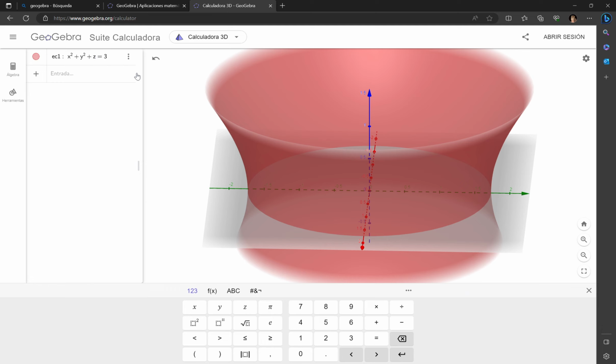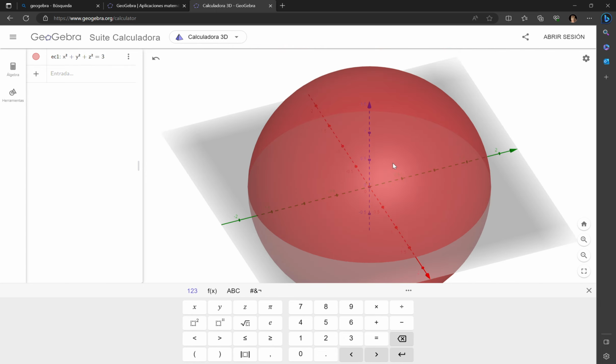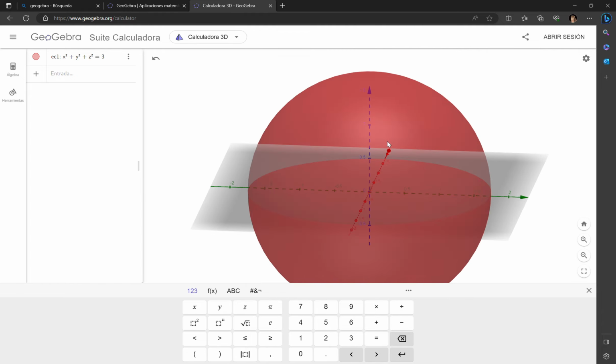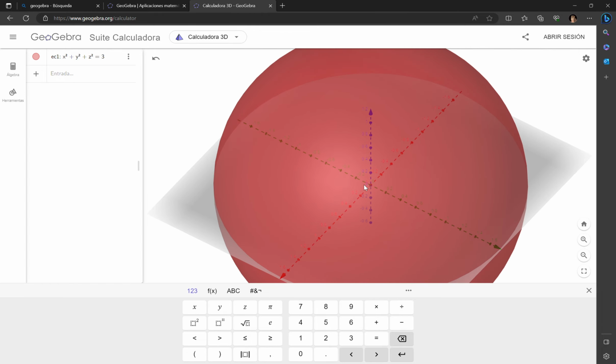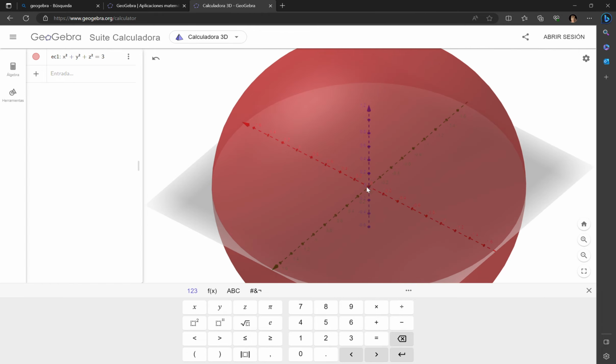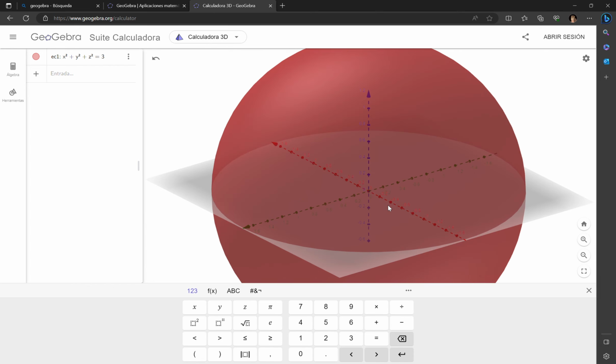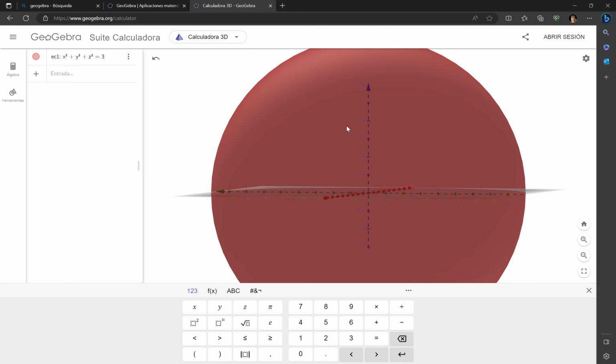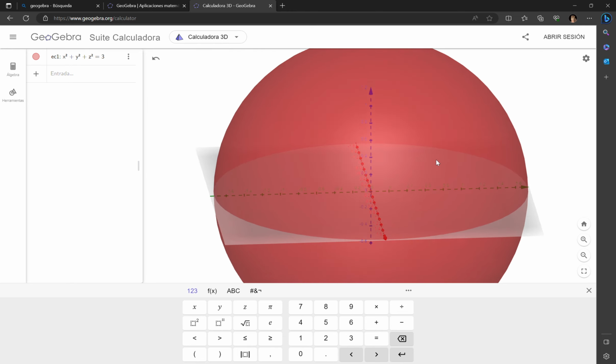You can use the components of this sphere. For example, the coordinate origin is at 0, 0. X equals 0, y equals 0, and z equals 0 because it's symmetrical.